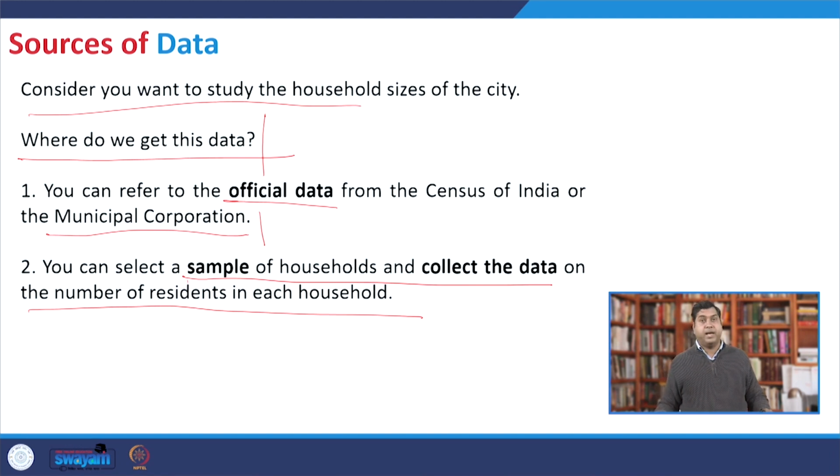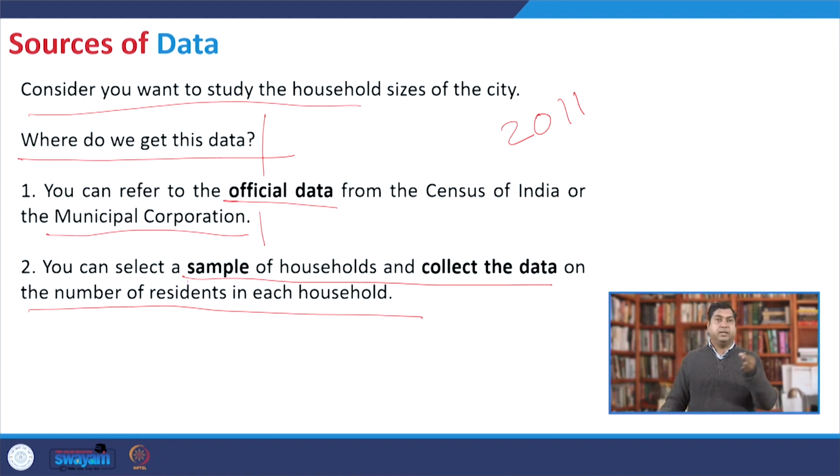We do not have recent census data publicly available, and we are already in 2024. So we are lagging behind in getting that information, and many times it is difficult for planners and researchers. The population information available is from 2011, which has coverage for almost all cities and different parts of India.